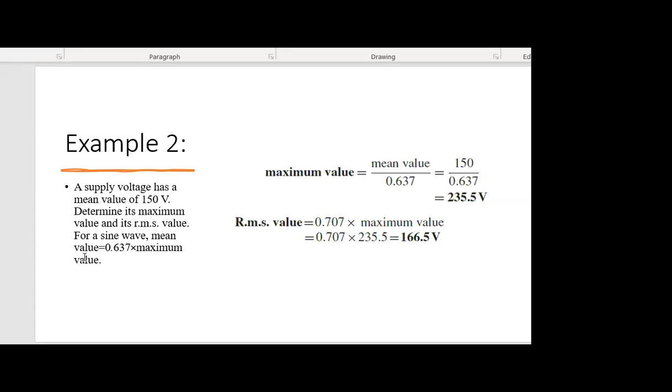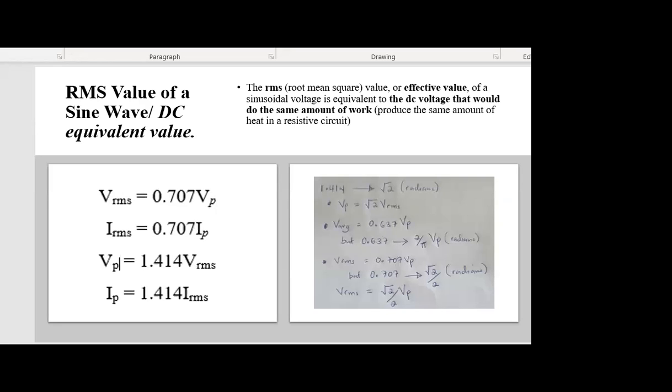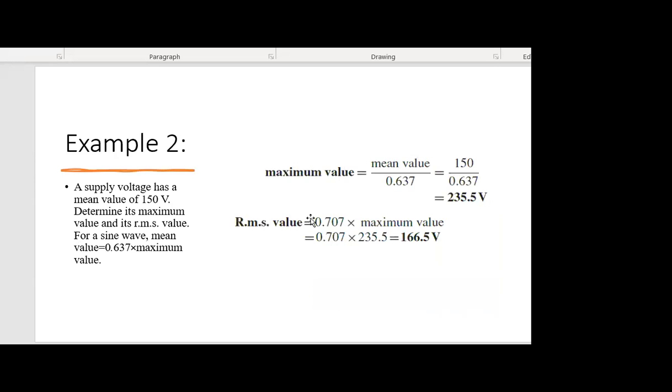And we know that the average value is the same as 2/pi, or 0.637, times the maximum value, Vp. So we use that equation. We have the mean value, so we can get the maximum value.